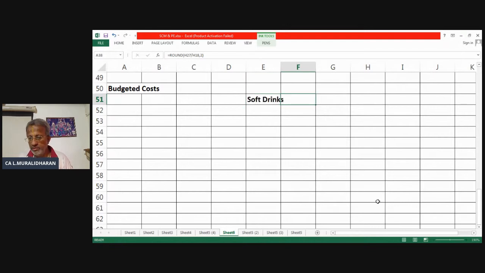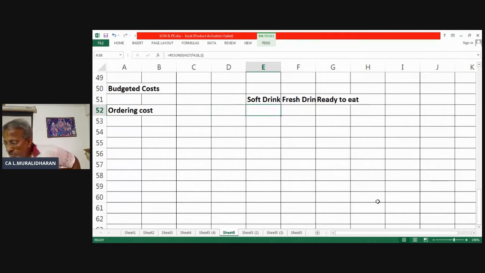Soft drinks, fresh drinks, then ready to eat. There are three products we have. Ordering cost. There is no revenue, there is no cost of goods sold. Here we are expected to take this into consideration.